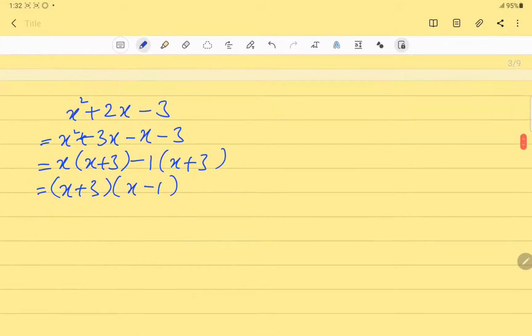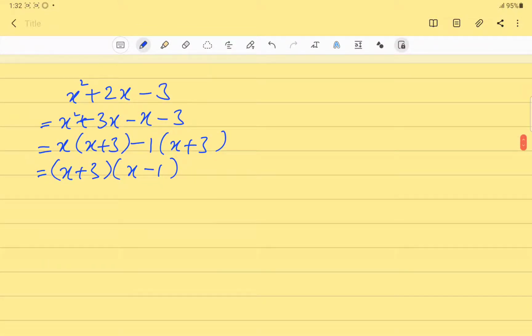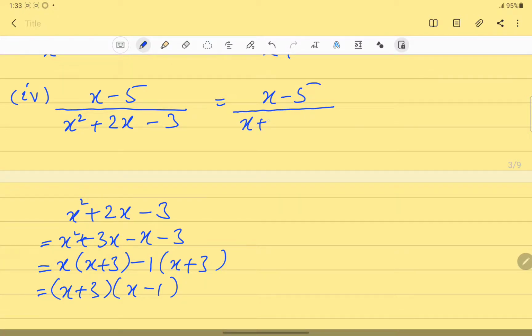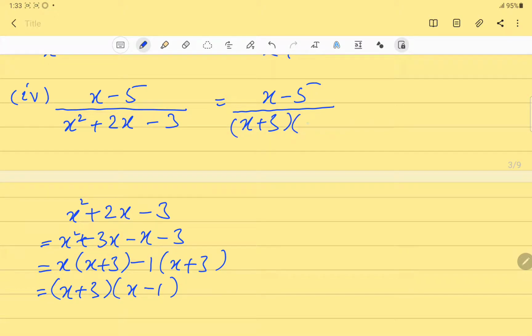Now the given expression, which is x minus 5 over x squared plus 2x minus 3, we can write it as x minus 5 over x plus 3 into x minus 1.